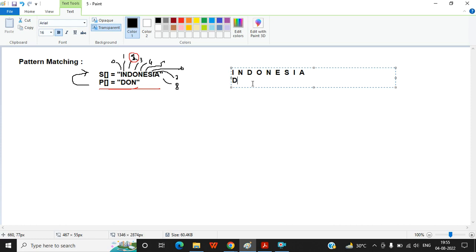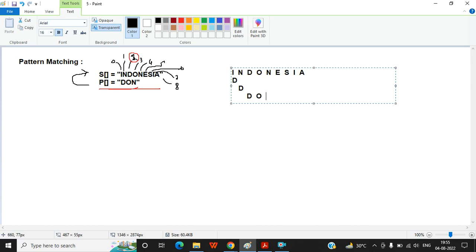Since we are not able to find the match, we move D here. N will be compared with N. Since again it is not matching, we move to the third position. Here we found a match. Then we will match the next character of the pattern with the respective character of the string.